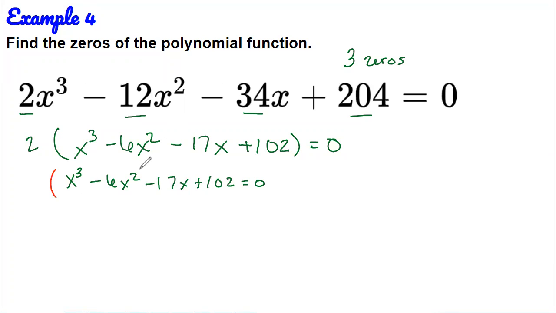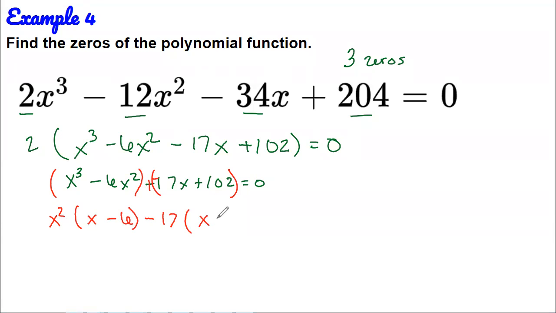Group my first 2 terms, I'm going to write this over here. Group my last 2 terms. So my first 2 terms, what do they have in common? X to the power of 2. So I'm left with x minus 6. What do my last 2 terms have in common? -17. Let's take out that negative 17.